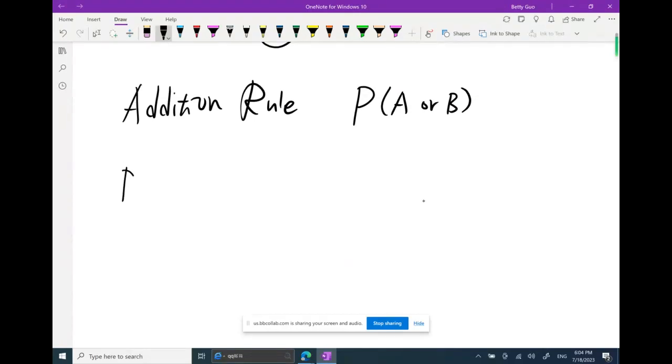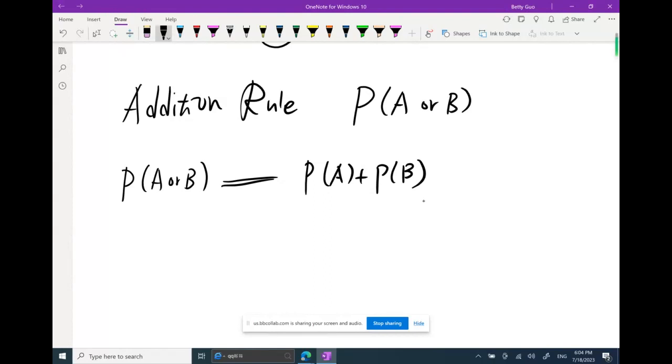The first formula is P of A or B equals P of A plus P of B. Very straightforward and symmetric formula. But this formula is only true under the condition that A and B are mutually exclusive.